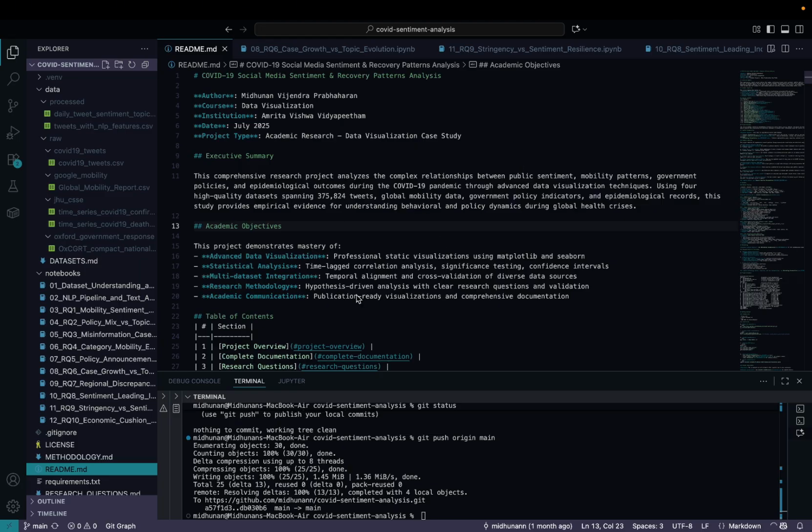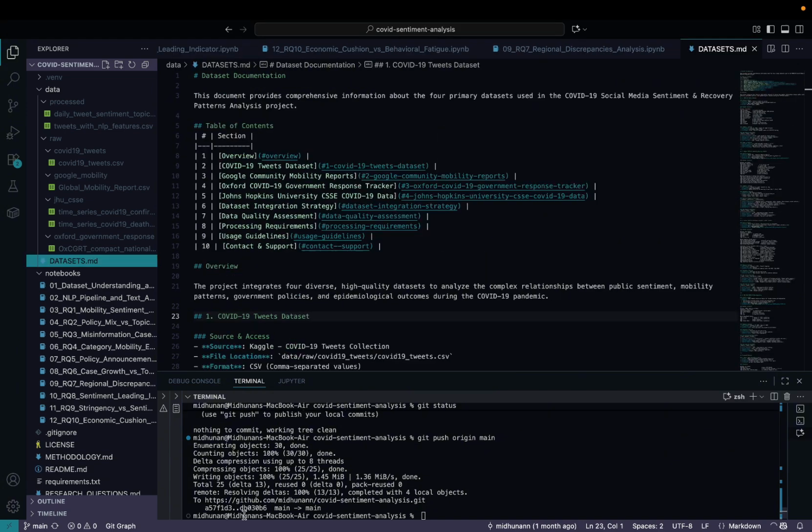Now we'll discuss our datasets. In the documentation, I've clearly mentioned what datasets we have used here. We have used the COVID-19 tweet dataset, which has around 375,000 tweet records, and then we have Google Community Mobility Reports, which is the official report by Google and contains 6 mobility categories across various countries.